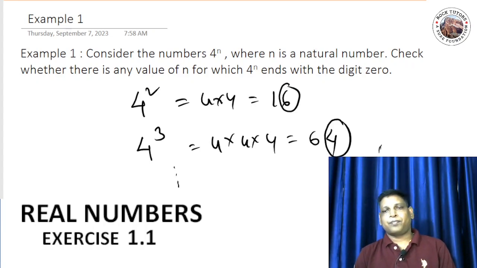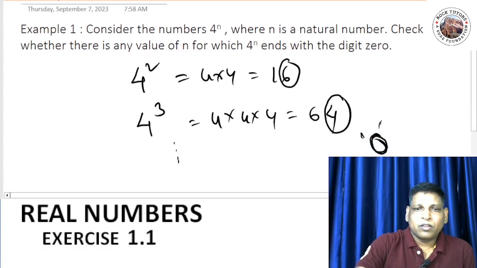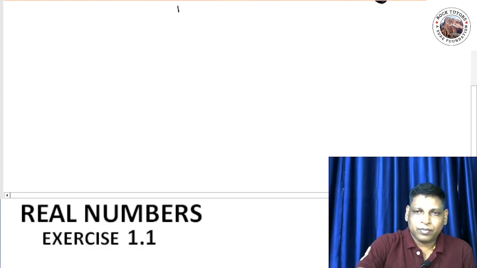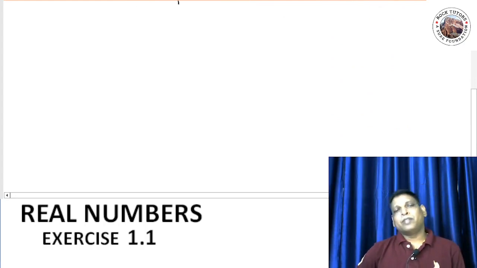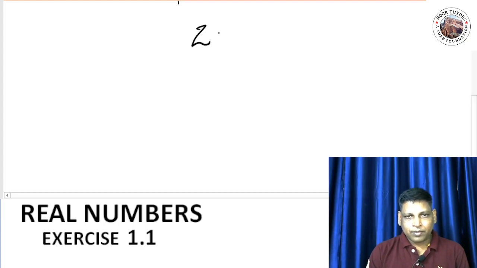Then how can I say? For this, suppose any number ends with 0. We know the divisibility rule says that, for example, 20 ends with 0.